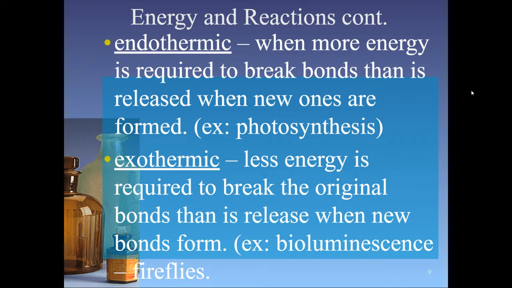Exothermic is less energy is required to break the original bonds than is released when the new bonds form. All right, so an example is bioluminescence, which is the fireflies lighting up. So in an exothermic reaction, more energy is going to be given off than is brought in. Okay, exo out, outside, exit, more energy given off than brought in. Endo, into, inside, more energy is put into that chemical reaction than is given off.